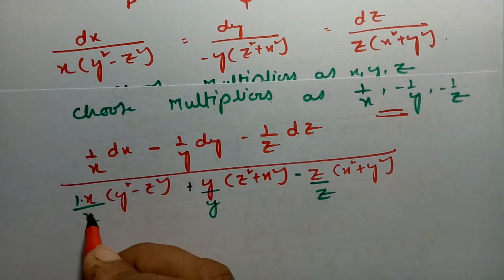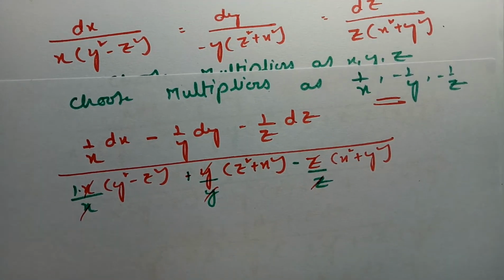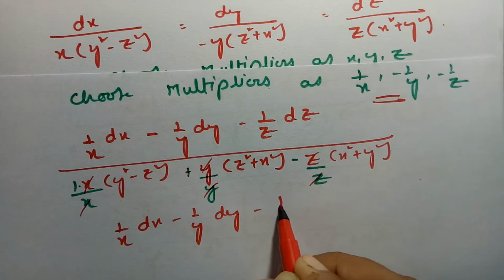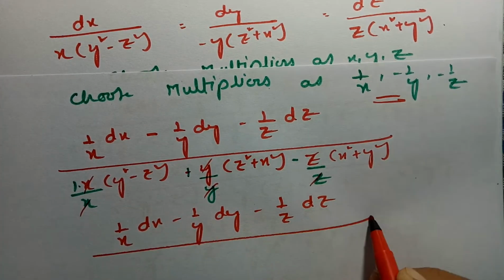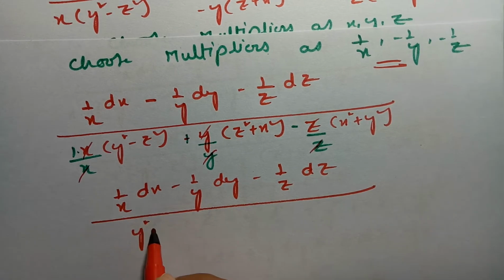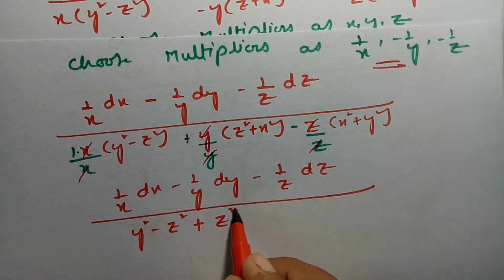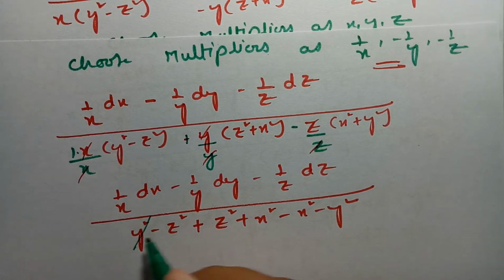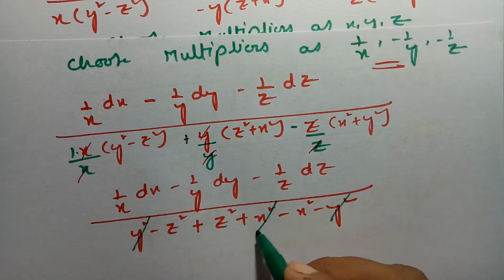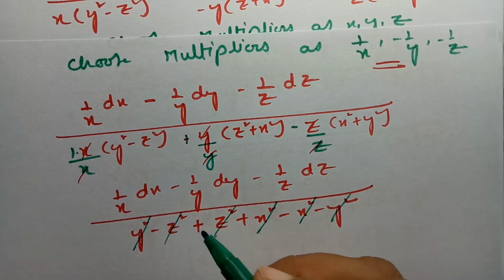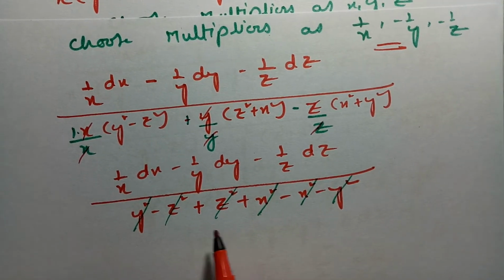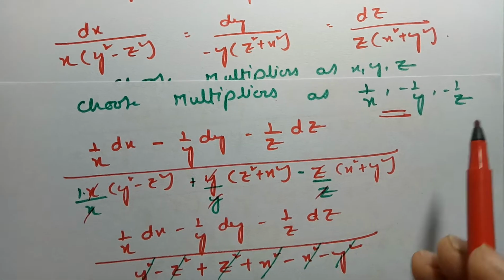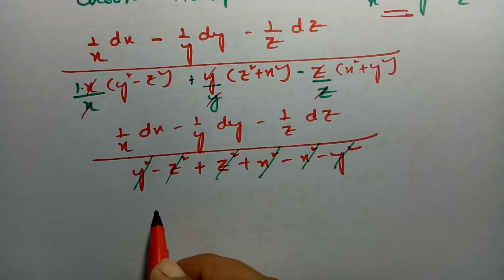As you can see, I can cancel these, and what is left over is 1 by x dx minus 1 by y dy minus 1 by z dz by the denominator: y squared minus z squared, this time z squared plus x squared, minus x squared, minus y squared. So now the denominator is 0. The denominator is 0 only if I take minus for 1 by y and minus 1 by z. So after getting the denominator 0, I can easily solve this.